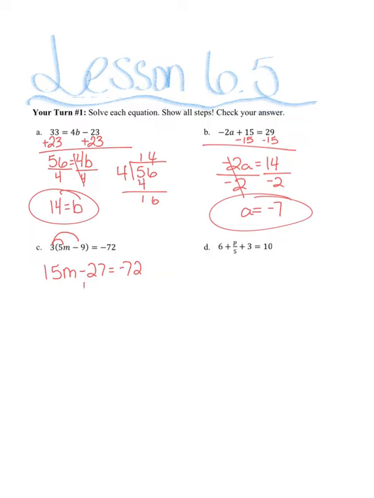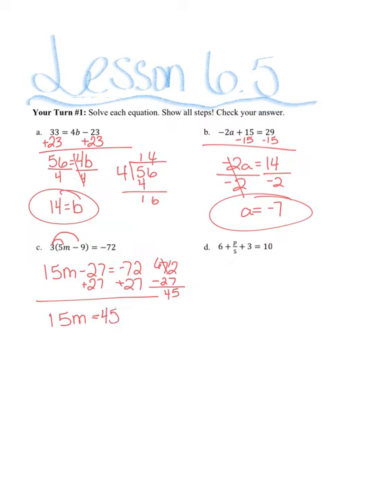And now I'm going to add 27 on both sides. And then over here, I'm really just going to take 72 minus 27, which is 45.